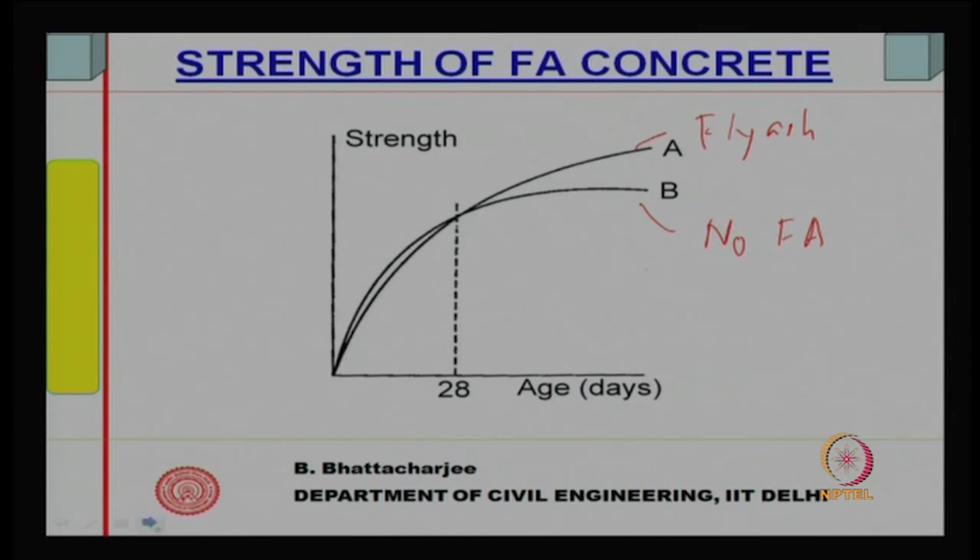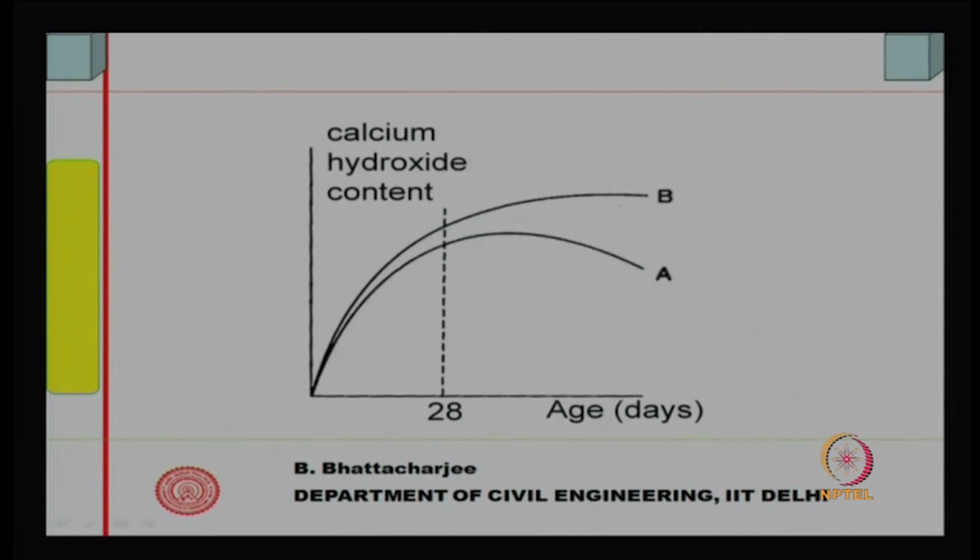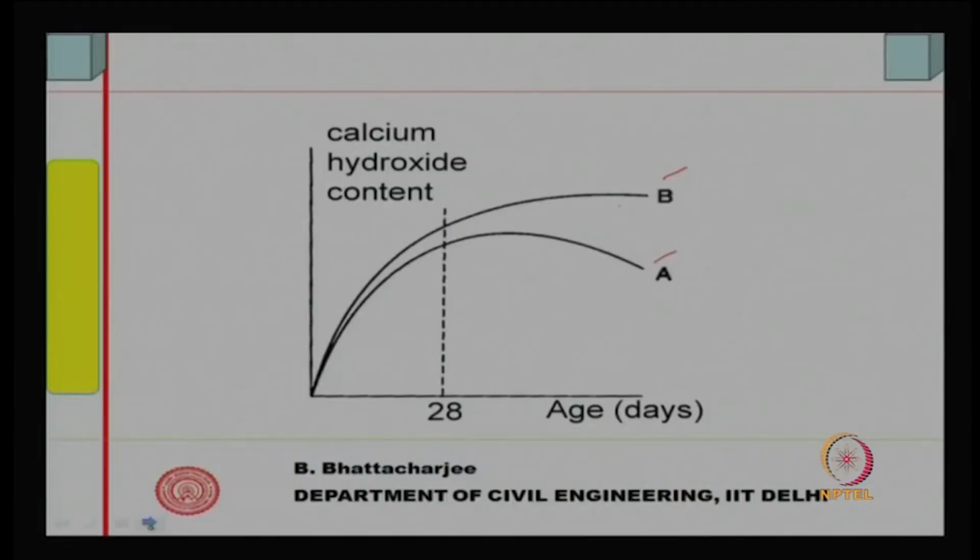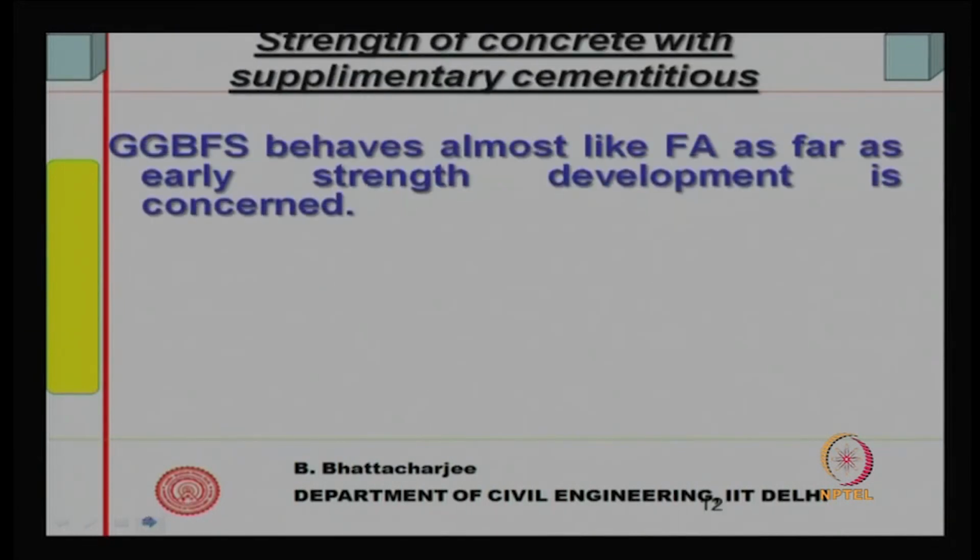B will have much higher calcium hydroxide, whereas A has much less calcium hydroxide in the long run, and that is how it is stronger in terms of load carrying capacity or strength. So, long term strength is better, short term strength is not so good.